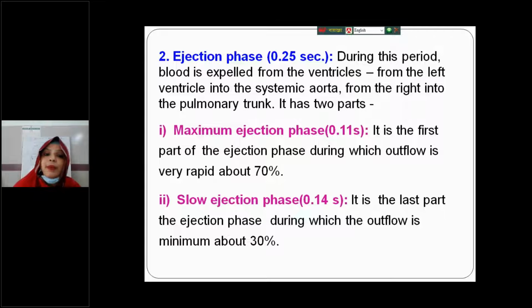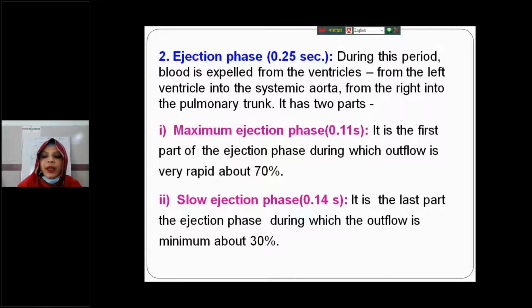In the first part of the ejection phase, 70% of blood passes out. In the last part of the ejection phase, during which the outflow is minimum, only 30% of blood passes out.